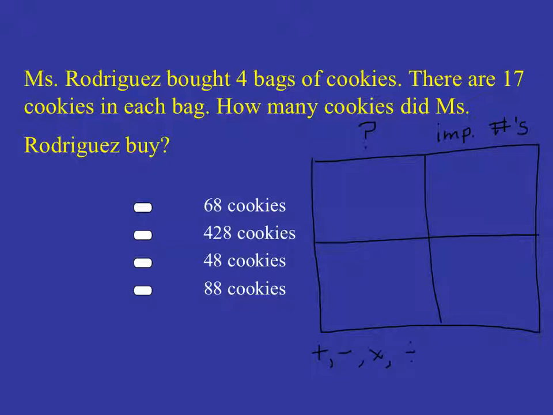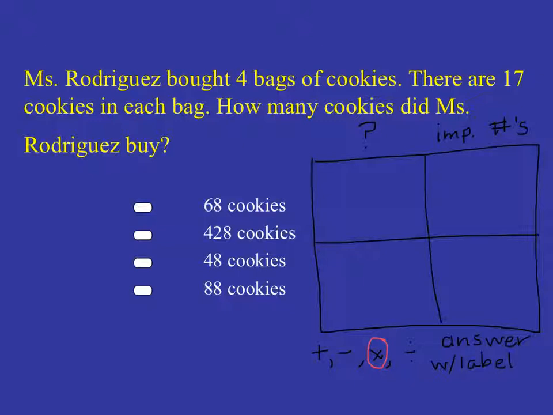You can probably guess that because we are working on multiplication review, pretty good chances this is going to be a multiplication problem. And then finally in the bottom right box we're going to write the answer, and we're going to make sure to include a label. You always need a label with your answer when you are working a word problem.